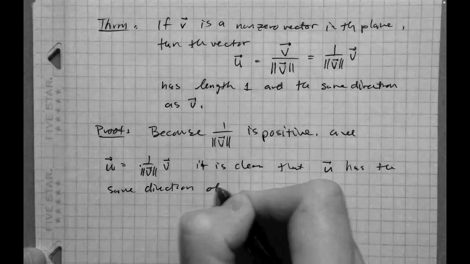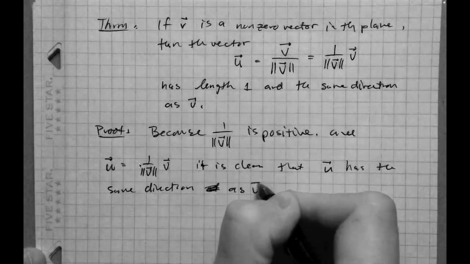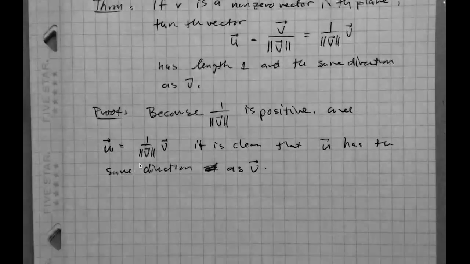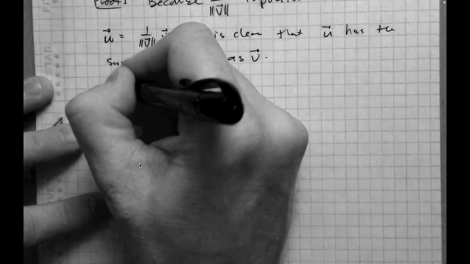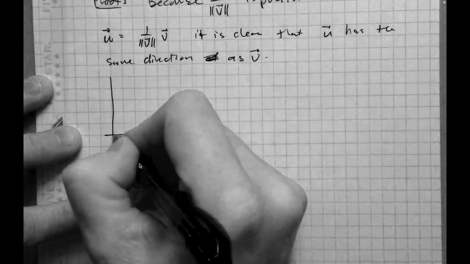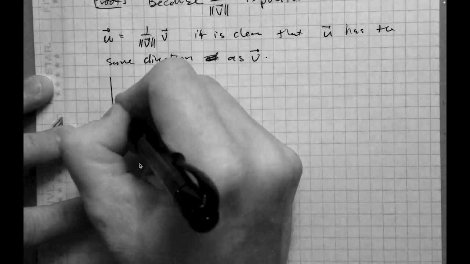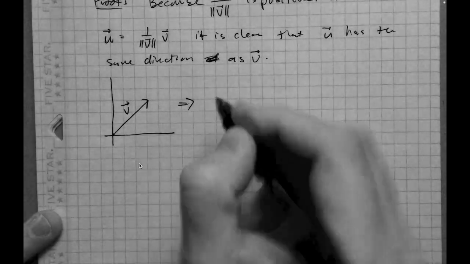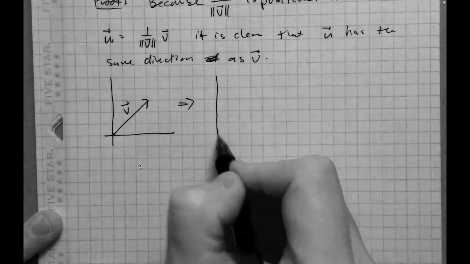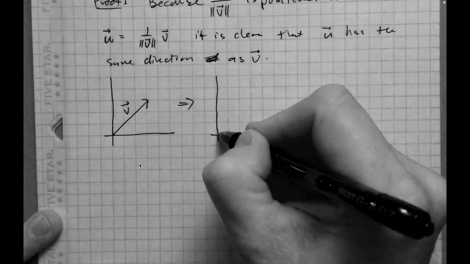Now, hopefully that's clear. Maybe we can discuss it a little bit here. If this is the plane and I have some vector v, if I multiply v by 2, for example, then what do I get?